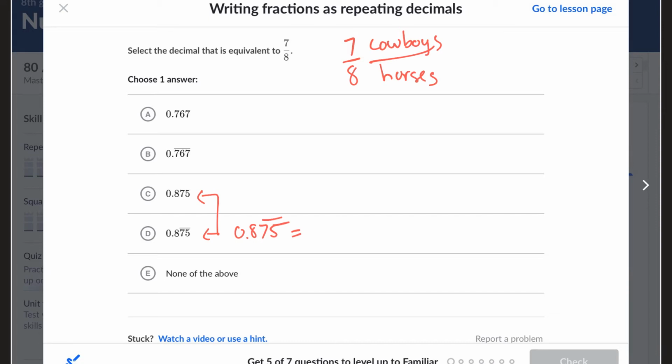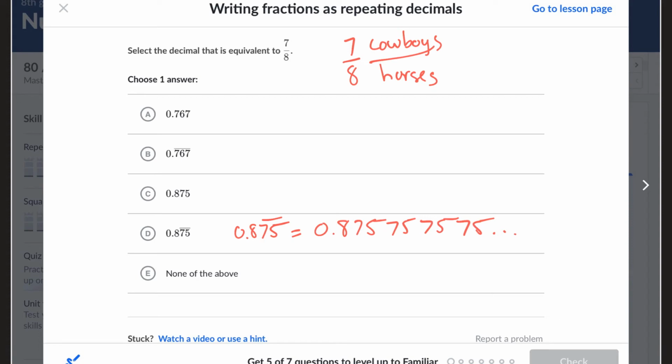That just keeps on repeating. So that's not what we had. It definitely was a terminating, or one that comes to an end. And so our answer should be C, and I'm going to enter that here. Got it. Okay, I'll do a couple more here.